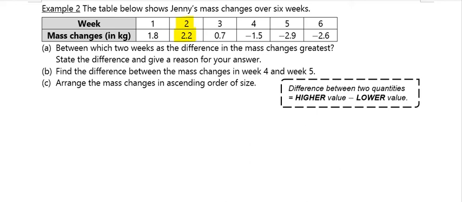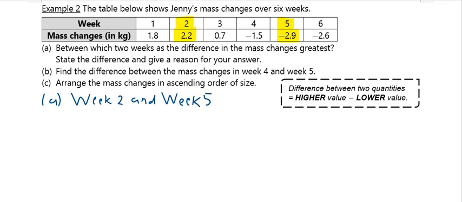That's the highest gain. And the lowest negative you can see here is -2.9. So it is between week 2 and week 5, right?